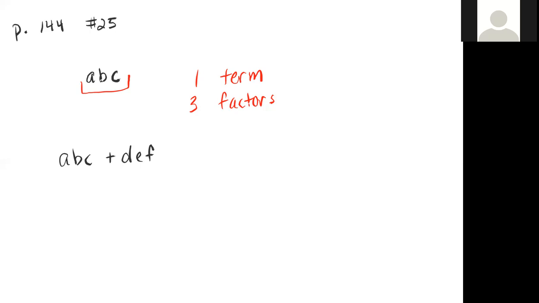Now, in this example, we did have two terms. ABC was a term and DEF was a term. Each of those terms had three factors. Again, ABC and DEF. Two terms with three factors each.